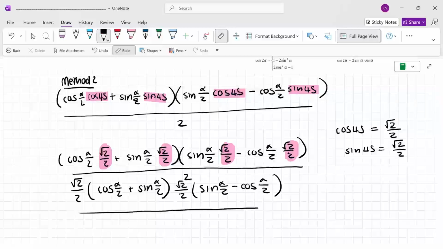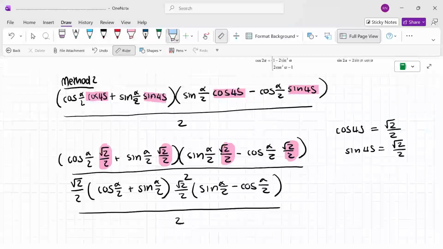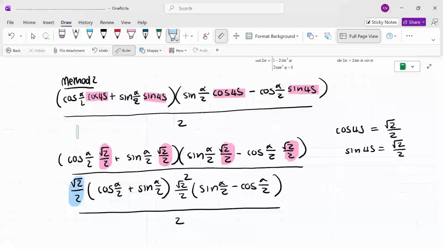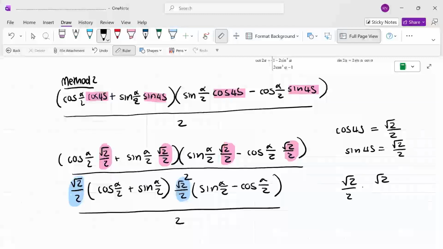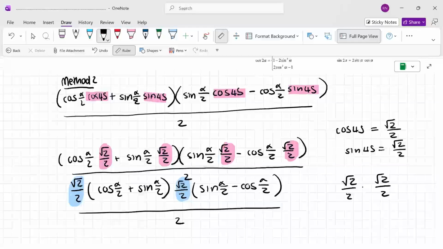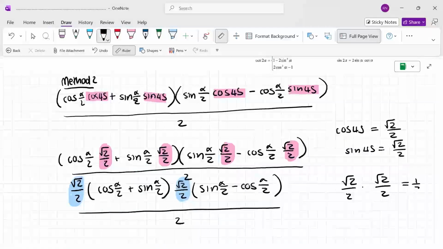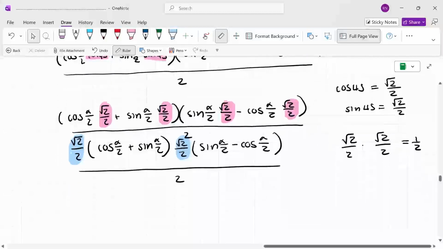Okay, and this is all over 2. Now these end up being multiplied by each other, this root 2 over 2 and this root 2 over 2, and that should give you a half. If you say root 2 over 2 times root 2 over 2 in your calculator, that's going to give you a half, right? So I'm going to have a half.